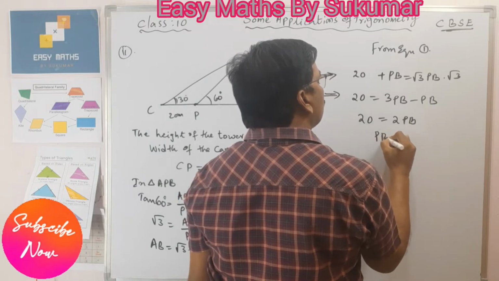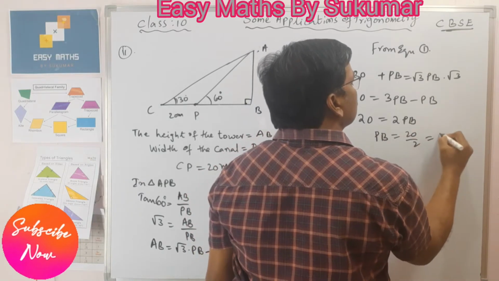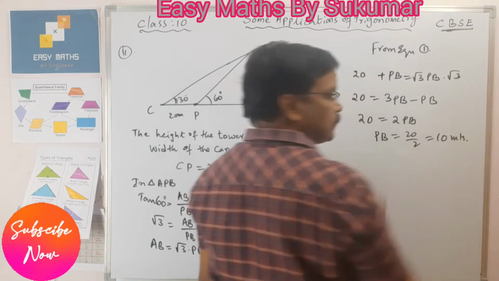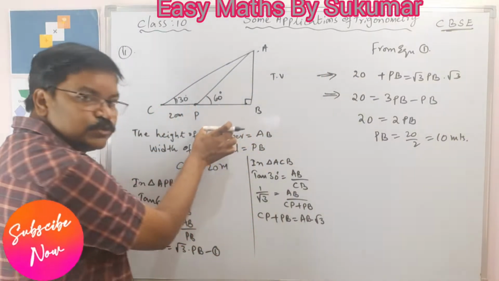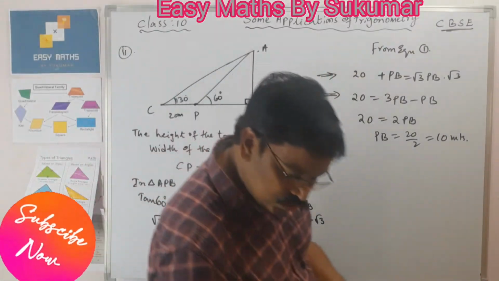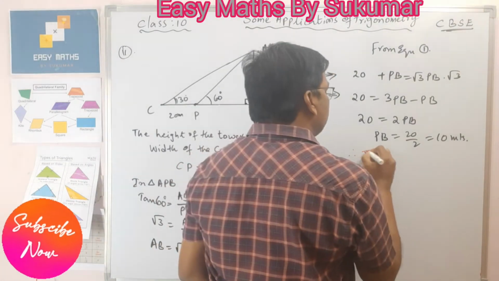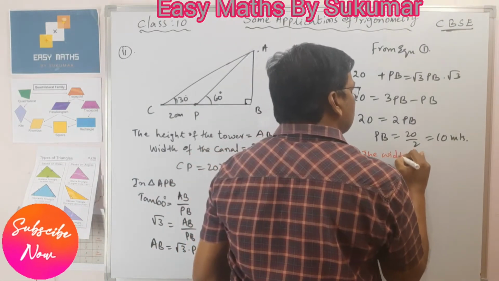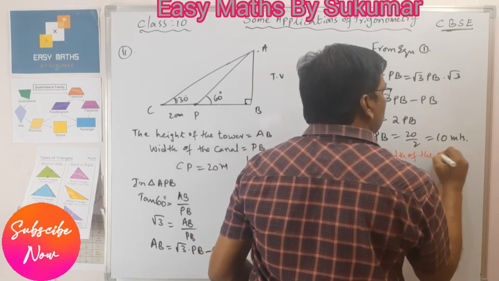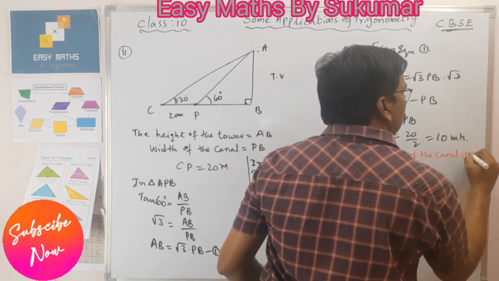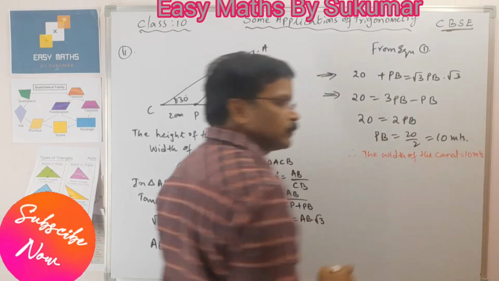So PB is equal to 20 by 2, that is 10 meters. So what is PB, my dear students? Width of the canal. Therefore, the width of the canal is equal to 10 meters.